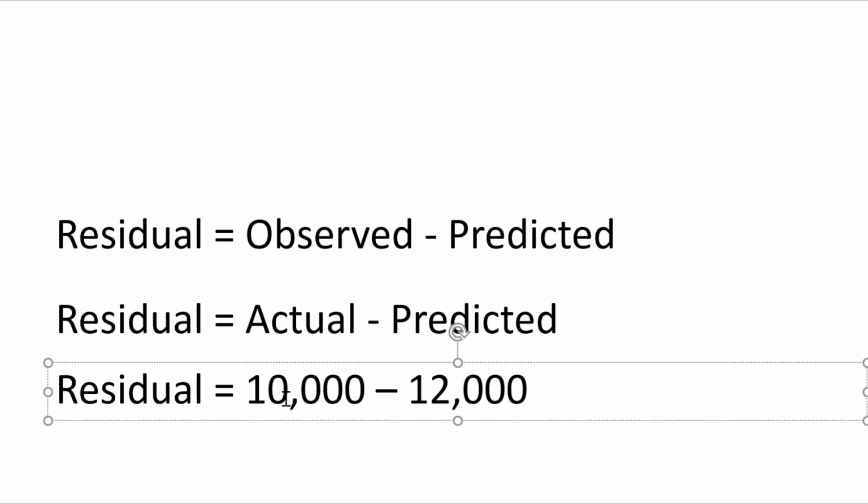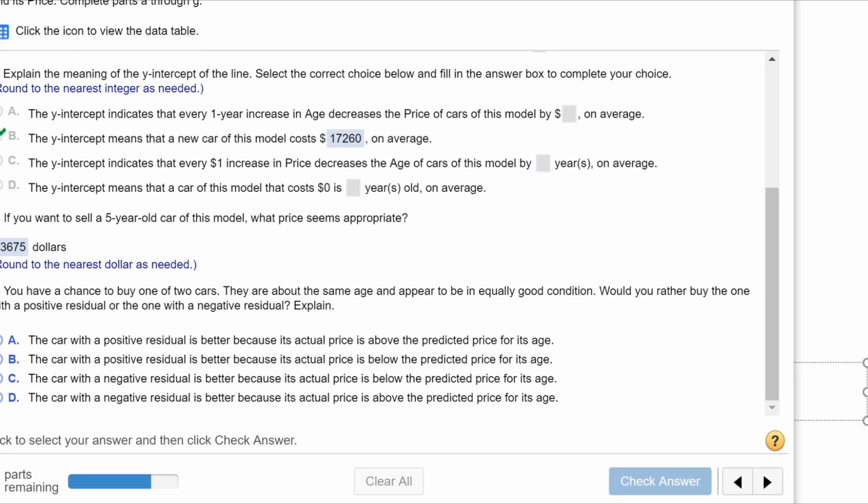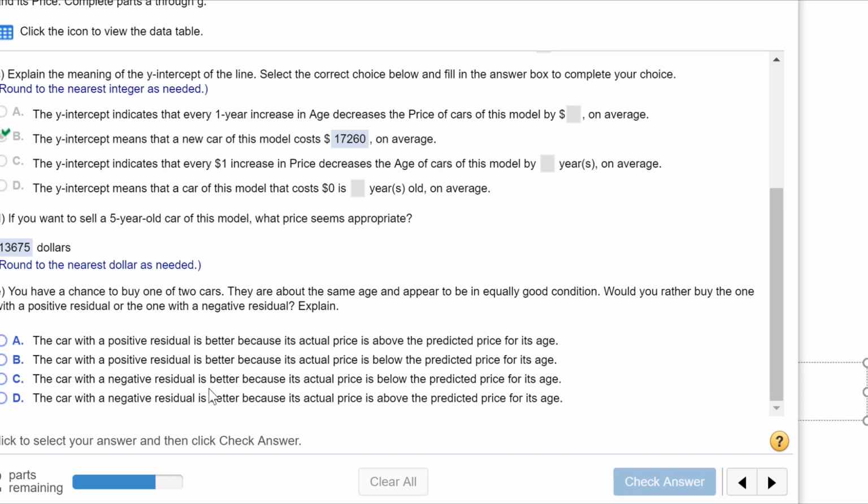It should be 12,000, but the actual price is 10,000. So in this case, this is equal to negative 2,000. We don't really care about the number. I just made those up to help make sense of the problem. So I'd want a negative residual. So back to my choices here. A car with a negative residual is better because its actual price is below the predicted price for its age.